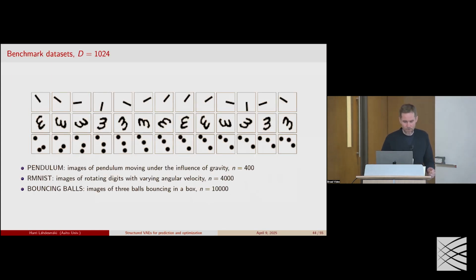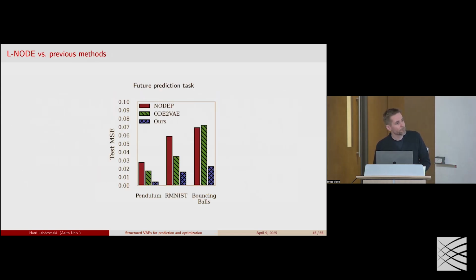And a couple of simple toy cases first to illustrate how this works. So pendulum is the first example, bouncing balls in a box. So the dynamics are defined by real physics, and then the observations are these high-dimensional image-based observations, and then rotating MNIST as a second additional benchmark.